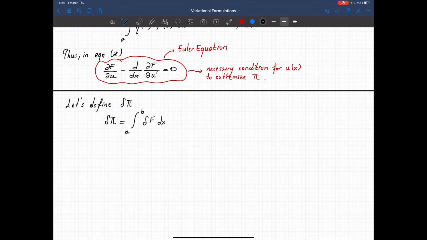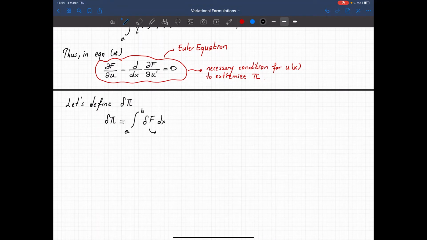Now if I apply the chain rule for the variation of F, that will give me del F over del U, variation in U, plus del F over del U prime, variation in U prime.